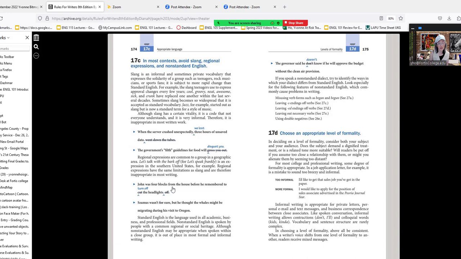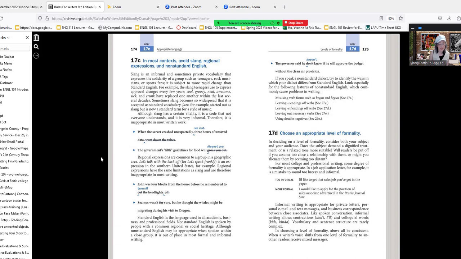For example, John was 4 blocks from the house before he remembered to cut the headlights off. It's better to say turn off the headlights. Seamus wasn't for sure, but he thought the whales might be migrating during his trip to Oregon.